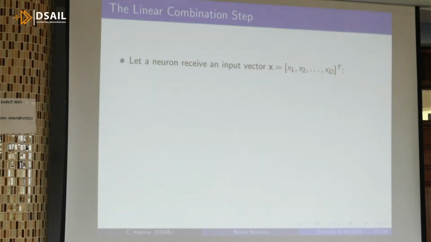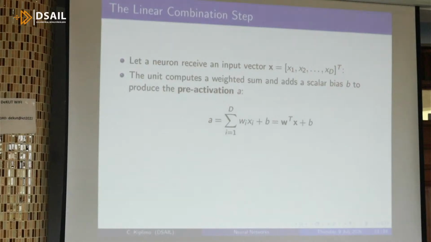All right, so let a neuron receive an input feature vector x, which is d-dimensional. The unit, by the unit here, we really mean the neuron. The neuron computes a weighted sum plus a scalar bias b. The linear combination is the sum of wi xi, where the wi's are the weights.